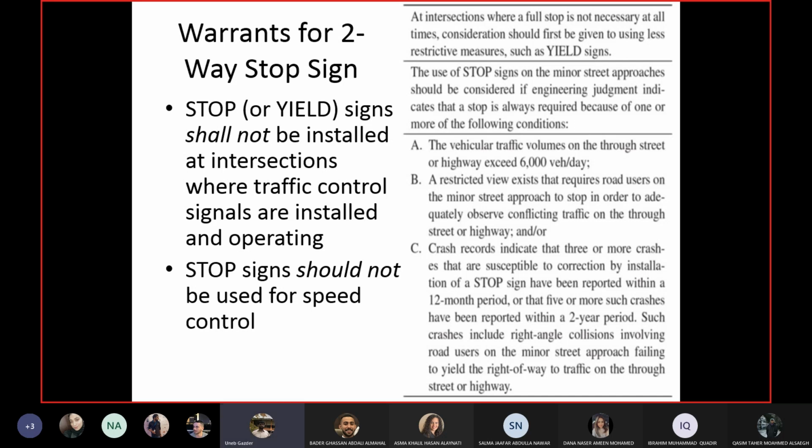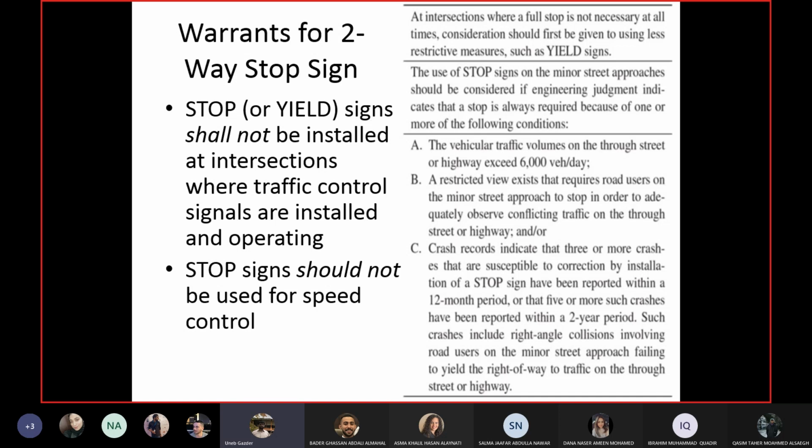You feel the driver is going too fast and approaching a point where there have been crashes, or a dangerous curve, or construction work is going on. You cannot put a stop sign to slow down the driver. A stop sign will only be used for stopping. Don't use it for slowing down the driver. If you want to stop the driver, then only use it at that point.